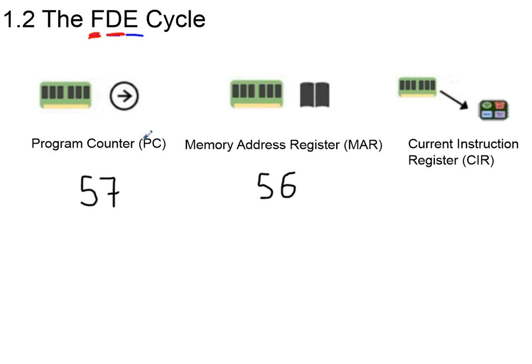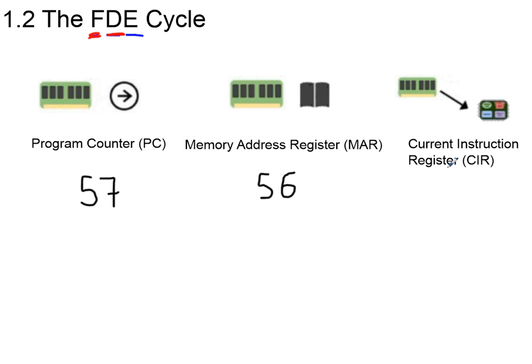You move the value into the memory address register. You increase the program counter by 1, ready for the next turn. You then look at that address in RAM and you fetch your instruction and you bring it into the current instruction register.